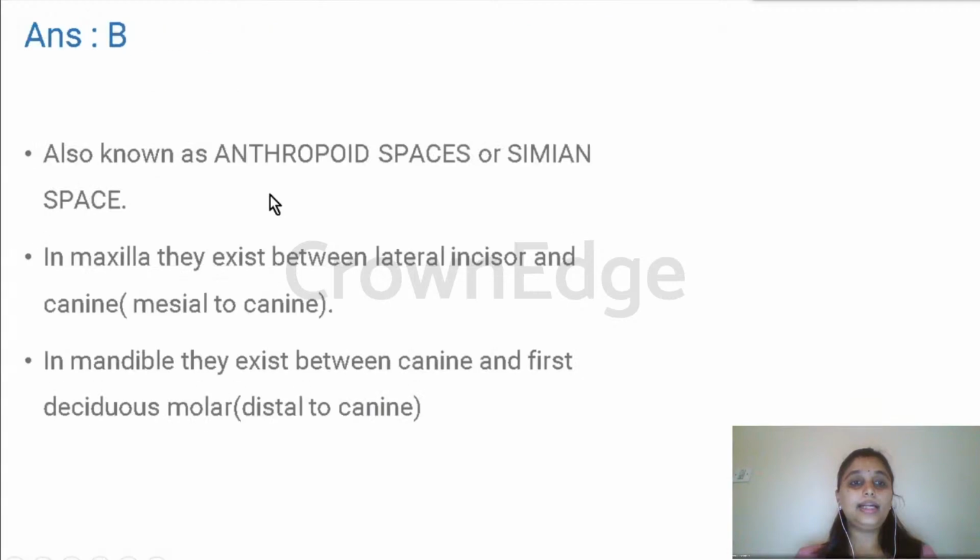So maxillary arch, mesial to the canine; mandibular arch, distal to the canine. I think that is easy to remember, and that space is known as your anthropoid space or your simian space. Please do not get confused. Simian space is a type of physiological space or primate space.